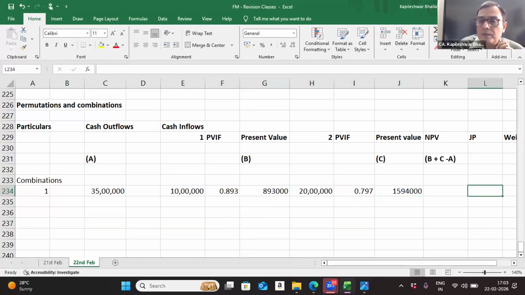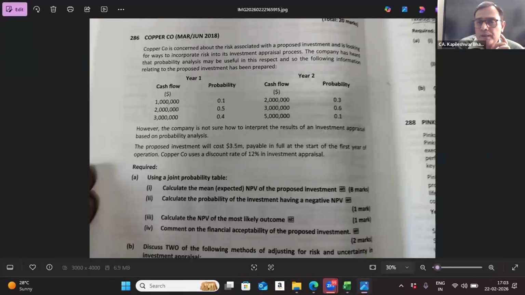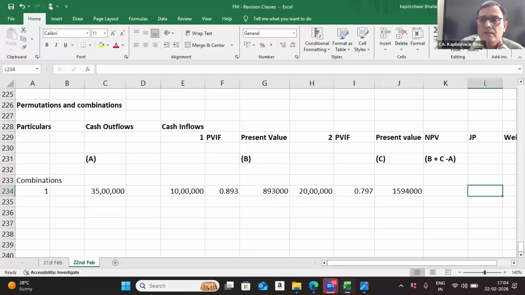And let's also see what is the joint probability. So can I say what will be the joint probability? It's 10% for year one and it is 30% for year number two. So what is going to be the joint probability? Can I say 3%? So this is going to be joint probability. Let's put it as 0.03. Weighted average we'll see later. Now let's see the NPV.